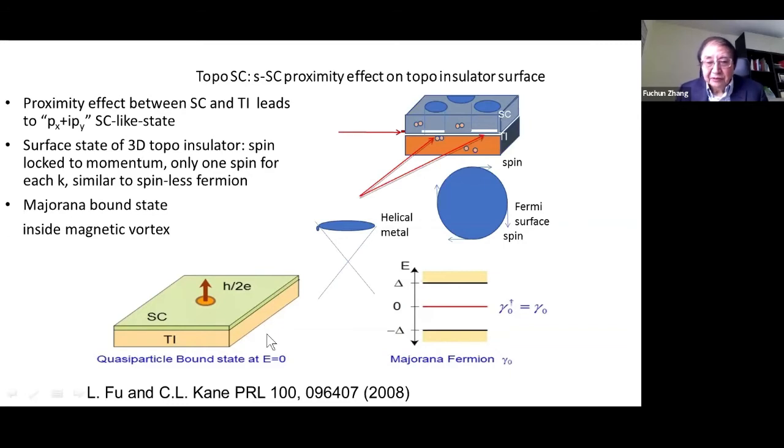Fu and Kane discussed this and found that there's a Majorana zero mode inside the gap on this system. So they don't need a chiral P wave, but they need a topological insulator surface with a proximity S wave superconductor.